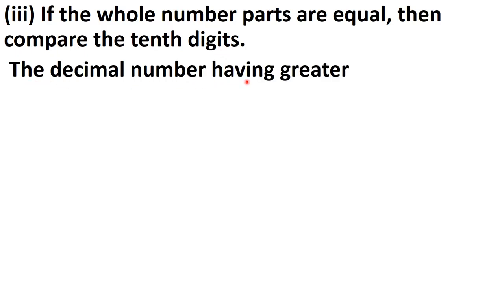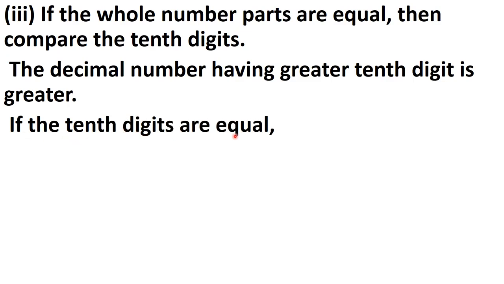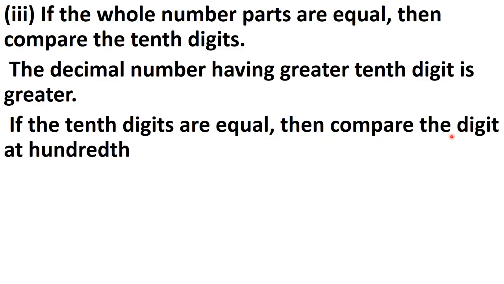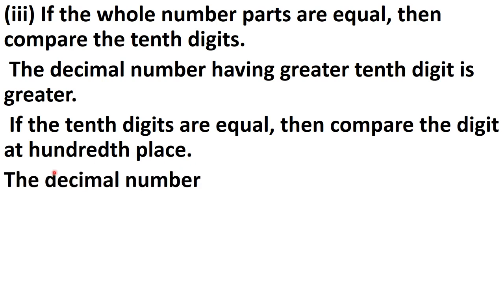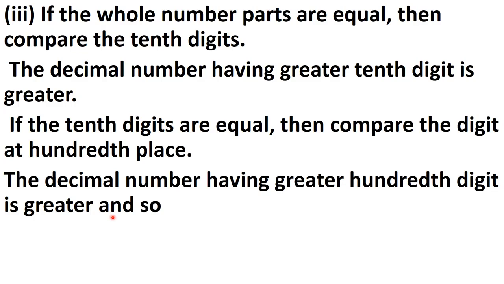The decimal number having the greater 10th digit is greater. And if the 10th place digit is also equal, then we will compare the 100th place digit. The decimal number having the greater 100th place digit is greater. And so on we will proceed.